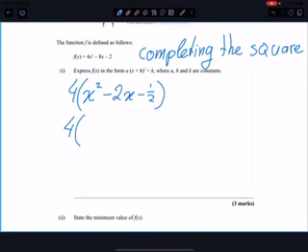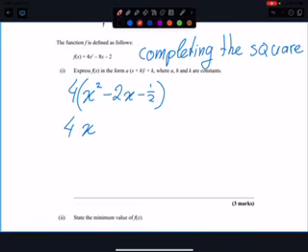Remember, you have to take half of this one, subtract it. Let me use two brackets, different colored ones. X minus what? Half of 2 is 1 squared. Minus 1 squared is 1. So you subtract that 1 again. And then add that negative half to it again.